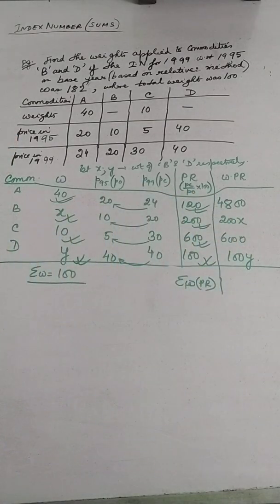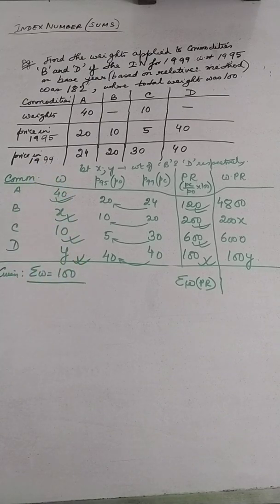And according to the question, summation WPR is what we have to find, because the index number is given. From where will we get the value of X? First and foremost, from this given, summation W is 100. Let us add up W from this column.